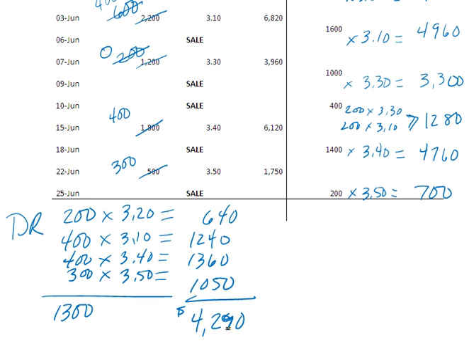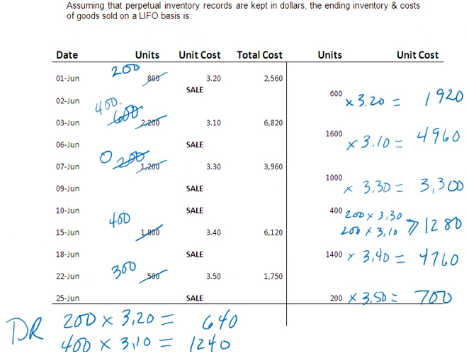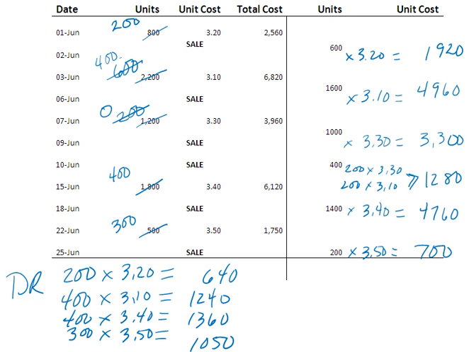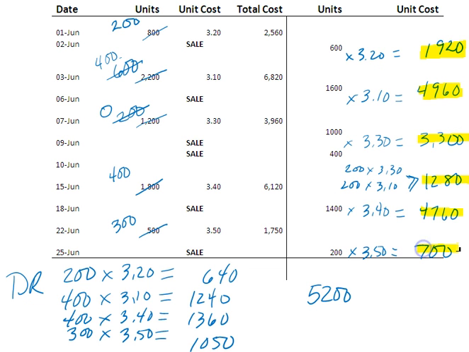And now let's scroll back over to this side and figure out the amount of our cost of goods sold. Okay, so I add up all the units. I know that I sold 5,200 units. And my cost of goods sold is just the total of all of these sales I had.